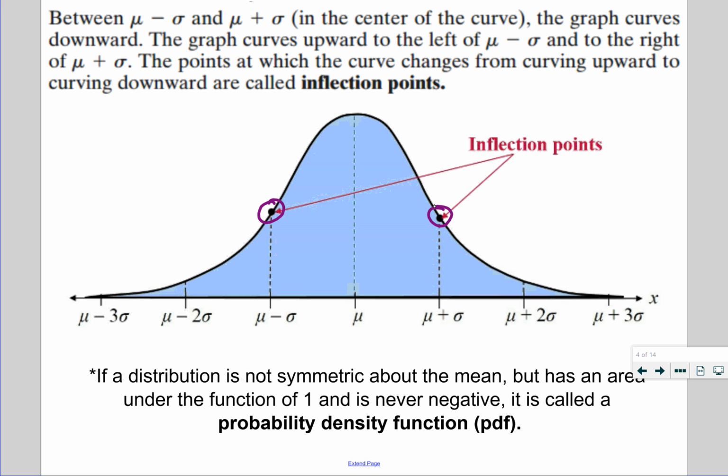These points are where the curve changes from concave up to concave down. If you haven't heard those terms before, concave up is almost like a parabola that's opening up, and concave down is a parabola opening down. If you look at the left side of the bell curve, this left side is what we say is concave up.